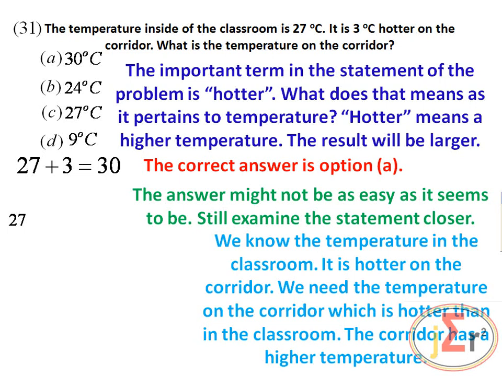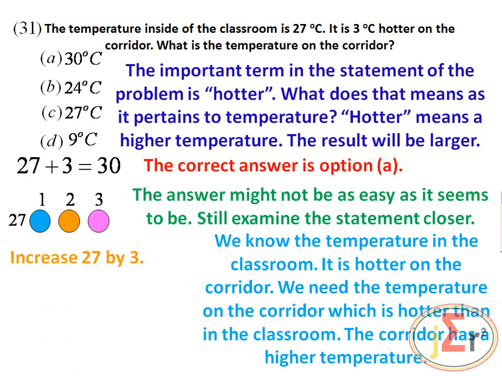The corridor has a higher temperature. So increase 27 by 3. That is what we intend to do. We have added 3 to 27, and the result is 30.